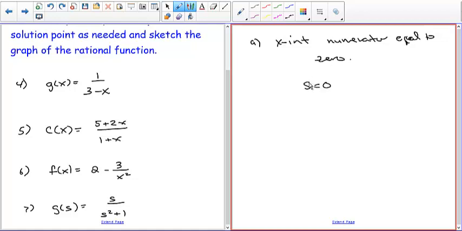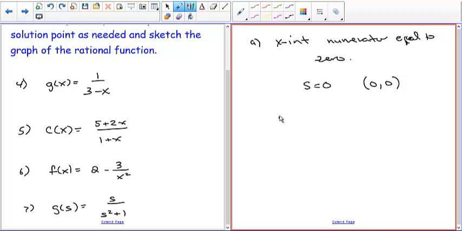So s is the numerator, set that equal to 0. In this case, our independent variable is s. So what we can say here is the point is going to be 0, 0. So the x value is 0 when the y value is 0.